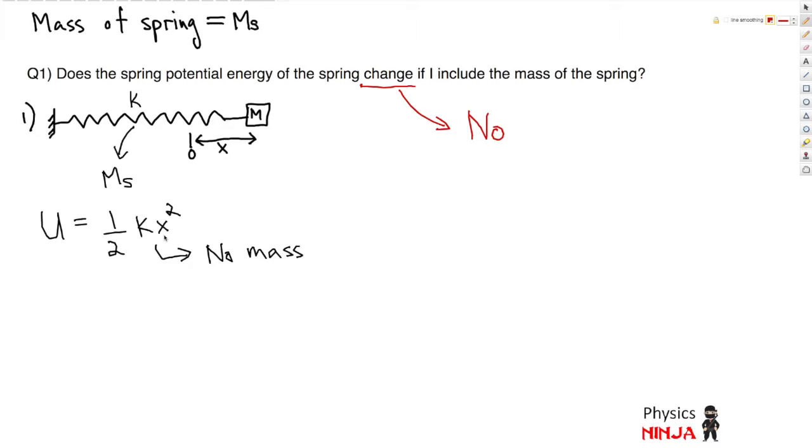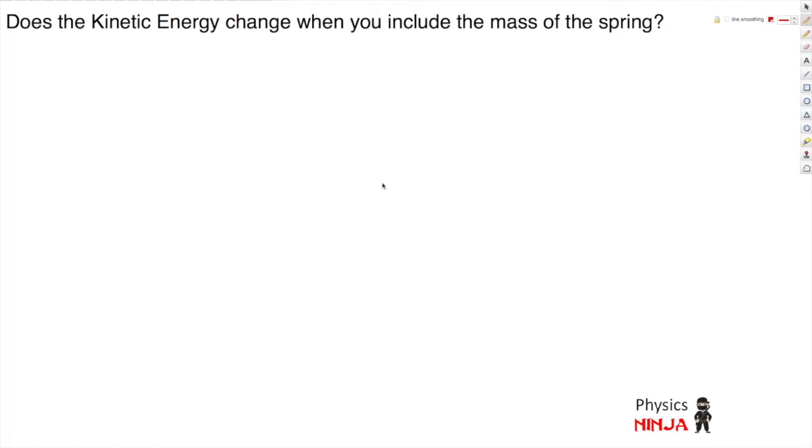Okay, so now let's look at the kinetic energy of the spring if I include the mass of the spring. Next question I have now, we have to consider the total energy of our spring mass system. And there are two contributions to that energy. Let me just sketch out the spring again. And we have just a mass attached at the end.